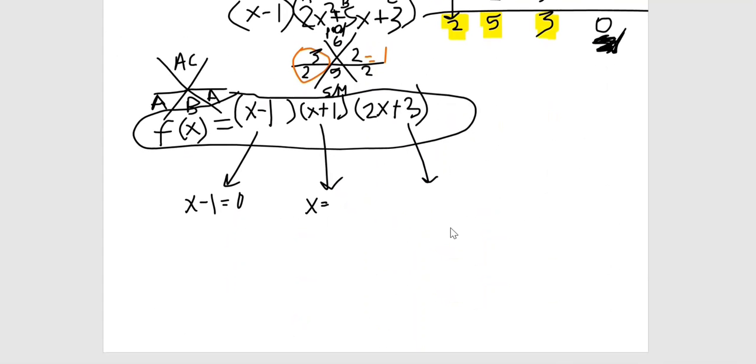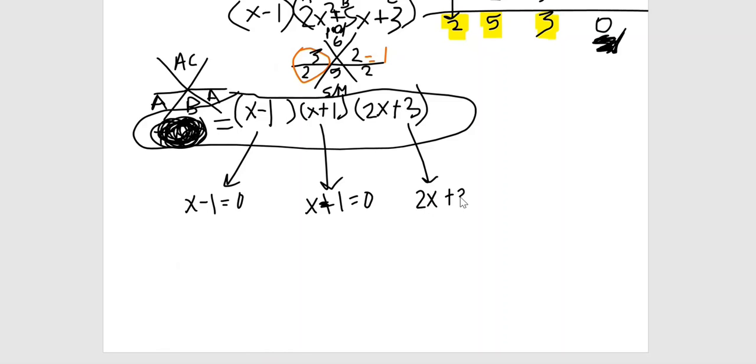Because that's what we're finding, right? We're going to put a 0 in place of f of x, which is just another way to write y, and apply the zero product property, which says that if I have it in factored form, I can just set each factor equal to 0 and solve for x. What would I get when I do that?